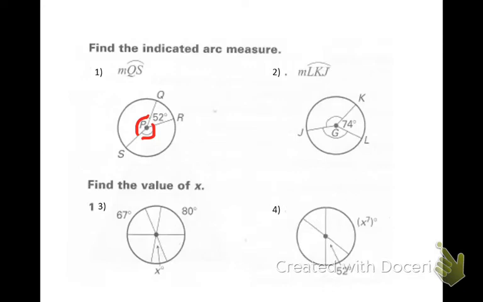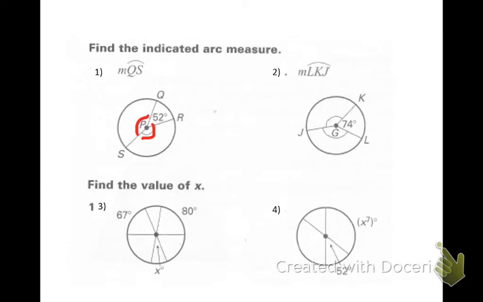So how could I find QS? Any ideas how I could find QS? Yeah. 360 minus 52 and then divide that by 2. Right.